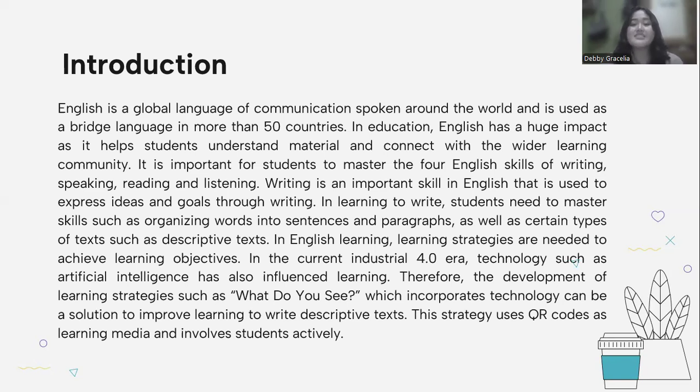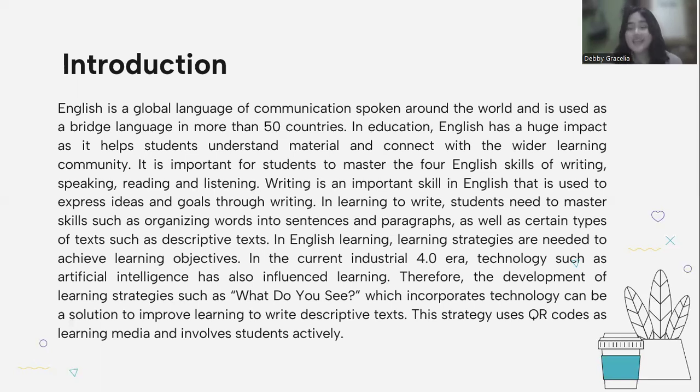Writing is an important skill in English that is used to express ideas and goals through writing. And in learning to write, students need to master skills such as organizing words into sentences, then sentences into paragraphs, and some paragraphs into a whole text.